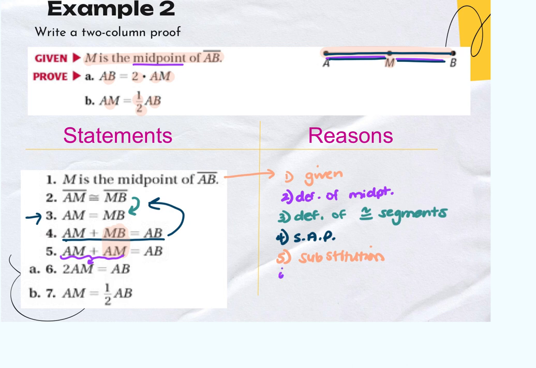So this statement is actually just simplify, or the reason for that statement. And 7, to go from 6 to 7, we divided both sides by 2 or multiplied by a half. So technically it's multiplication because we're multiplying by the half. But honestly, if you had said division there, I probably would have given it to you.